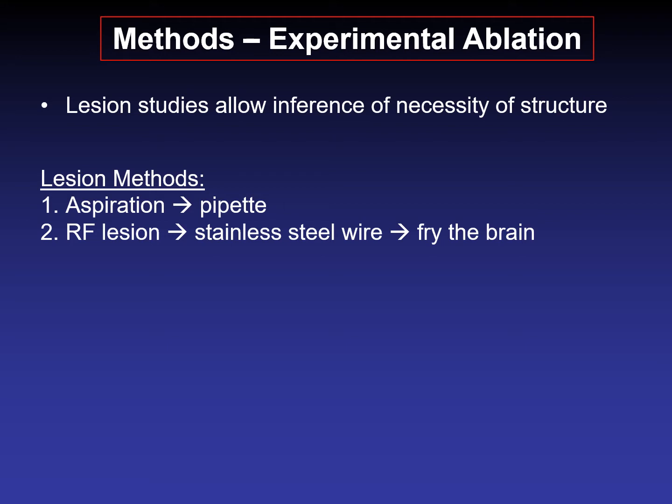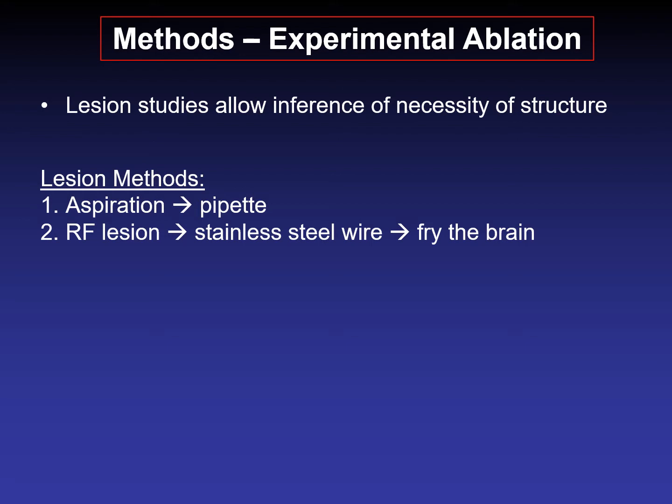Now, these two methods are quite useful, but they have their limitations. One limitation is that they will not only damage your brain region of interest, they'll damage any axons that happen to be passing through that brain region.